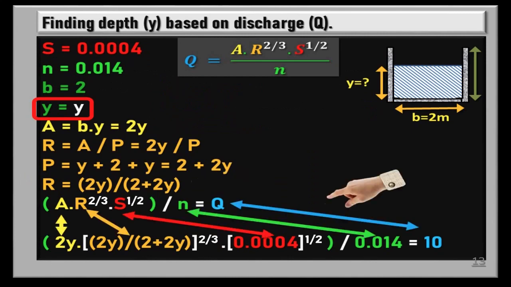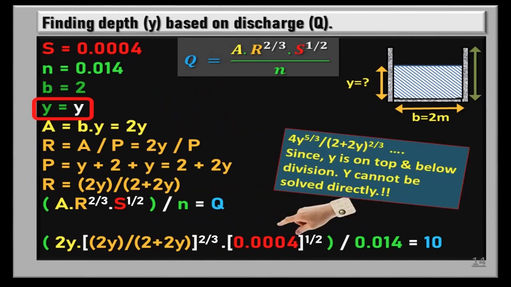Replacing the value of A, R, S, N, and Q into Manning equation, we have numerator 2Y multiply 2Y power 2 over 3, and we have denominator 2 plus 2Y power 2 over 3 and other calculation.